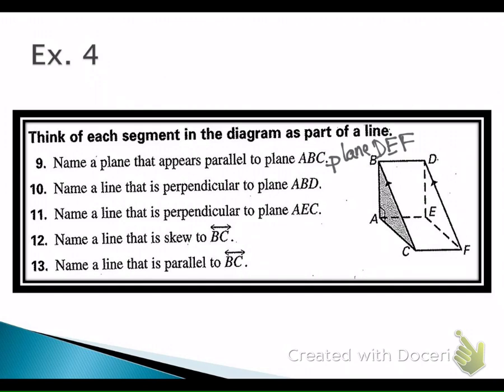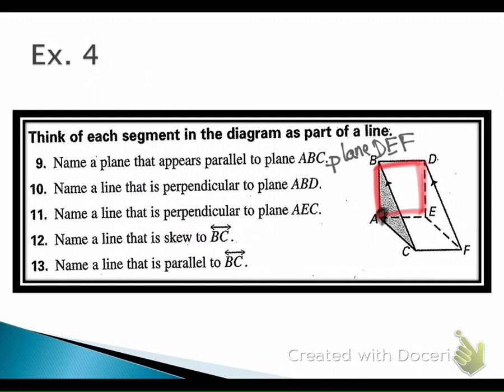All right. Name a plane that's perpendicular to plane ABD. ABD is this one back here. So which plane looks like it's perpendicular to that plane? Well, I see the little box down here, right?